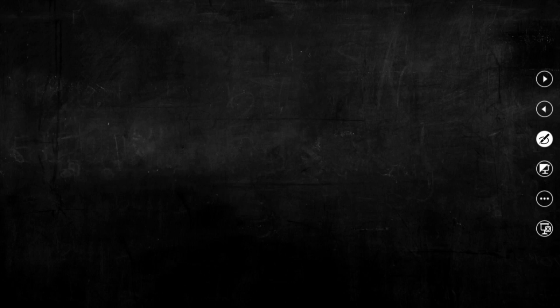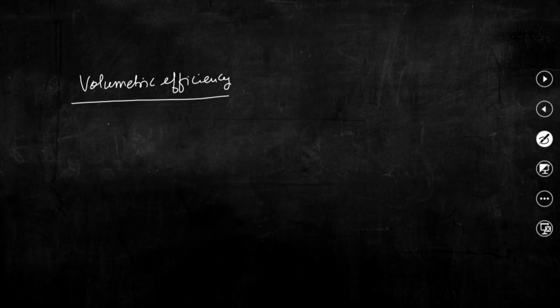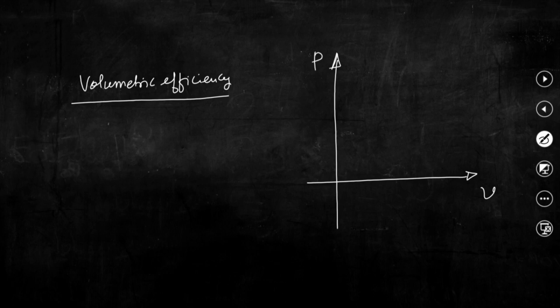We shall discuss another efficiency, that is called the volumetric efficiency of the compressor. So, you know that if we try to draw again the process in the PV plane, we are assuming say this is P equal to P2 and this is P equal to P1.